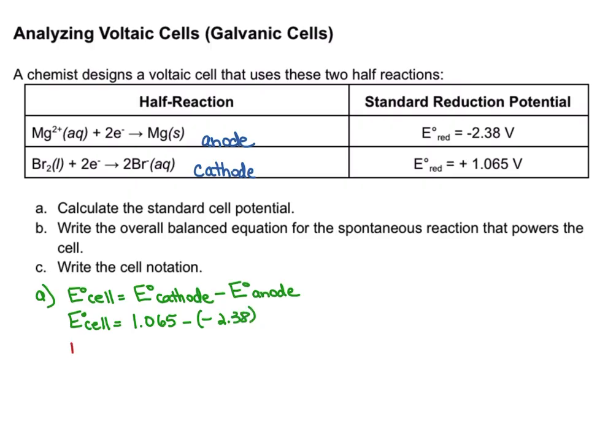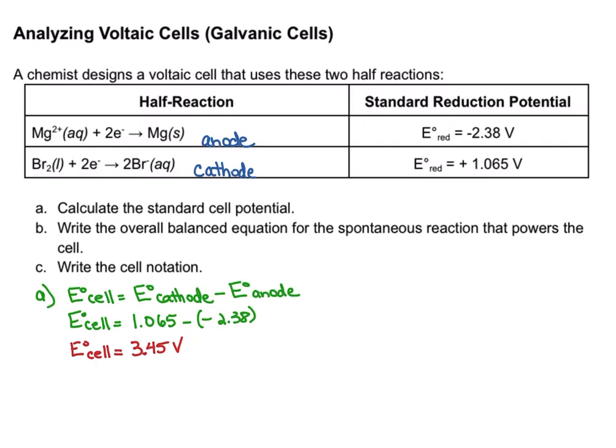And my final answer still has to obey the sig fig rules. And this is subtraction, so subtraction goes by the fewest decimal places. So my final answer is 3.45 volts. We want to make sure that we have 2 decimal places.